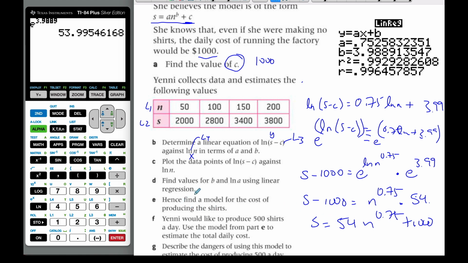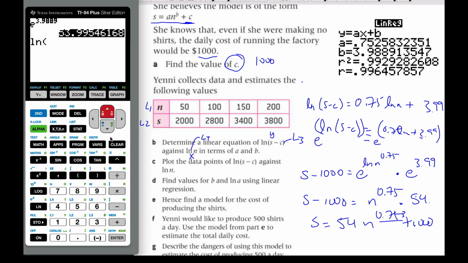And so if I find the values for B, B is 0.753. This is the B value. And ln A, the natural logarithm of 54, is going to be 3.9.